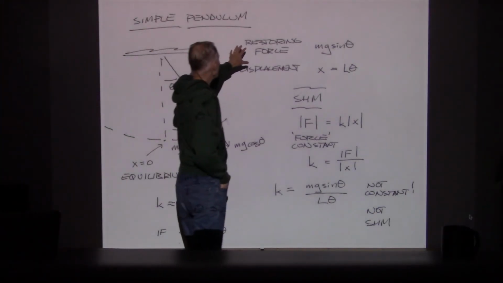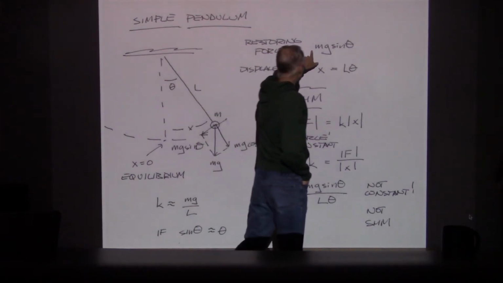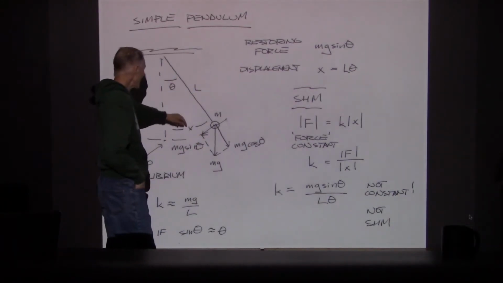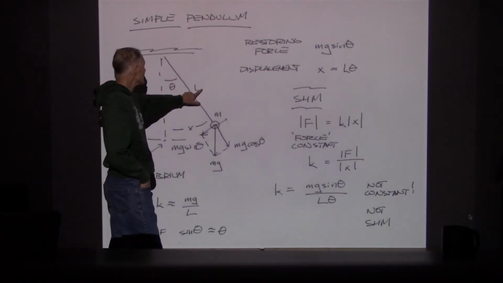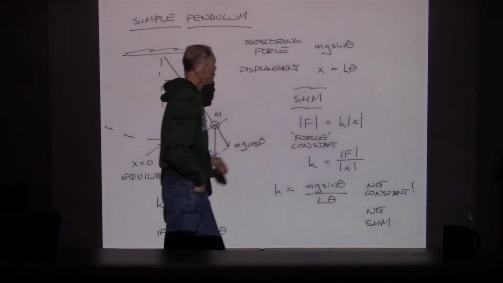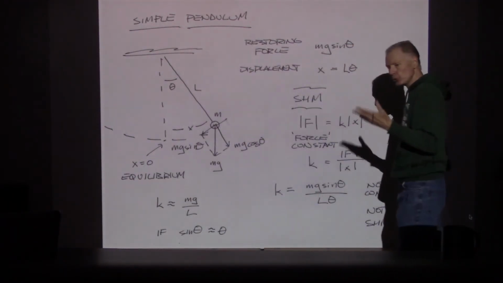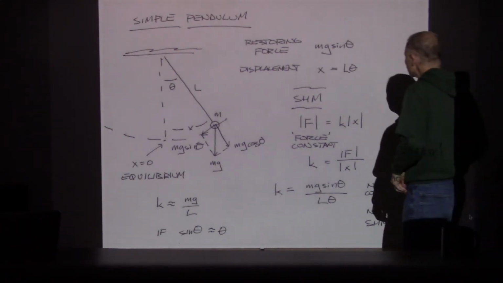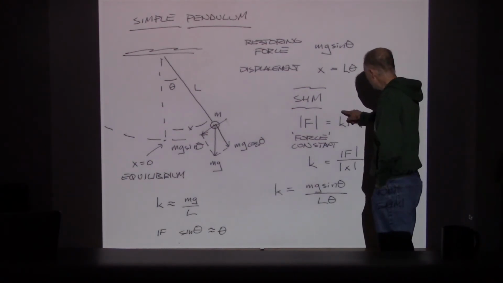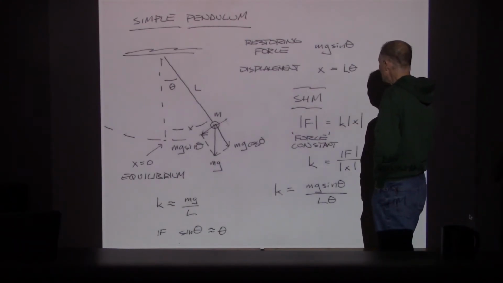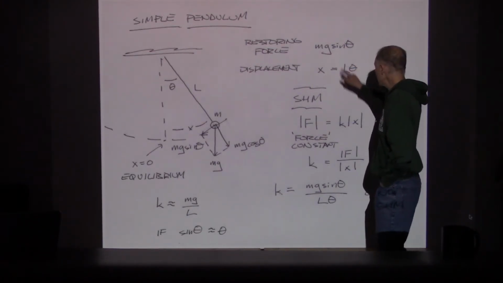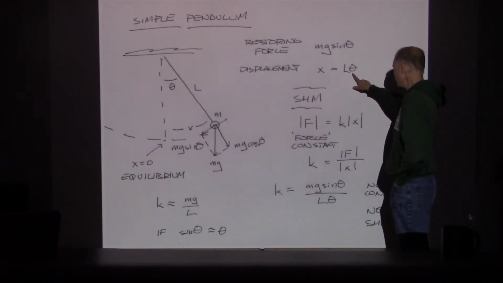Now, the restoring force we determined to be mg sine theta. The displacement along that path is x, and x is equal to L times theta. Simple harmonic motion, which means using sines and cosines to represent the oscillations, would require a force constant k with some value, where the magnitude of the force, mg sine theta, is directly proportional to the displacement.